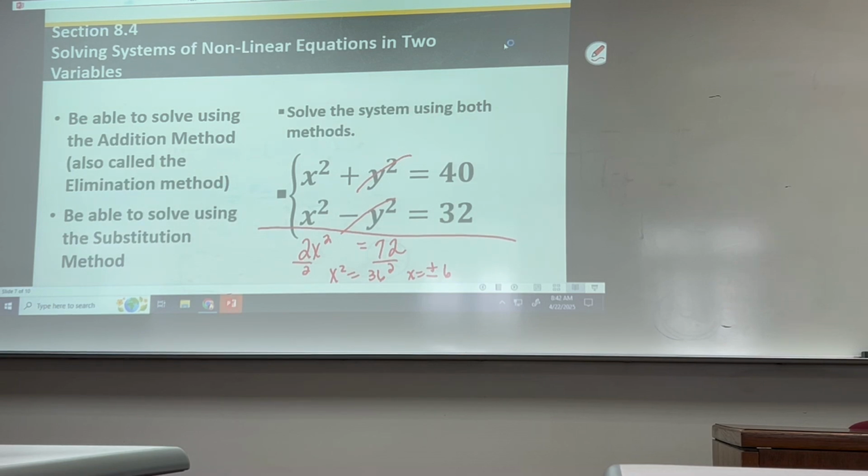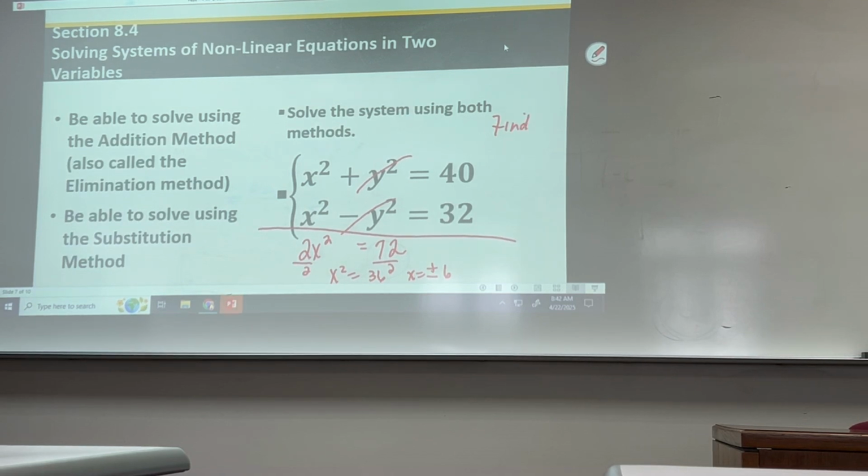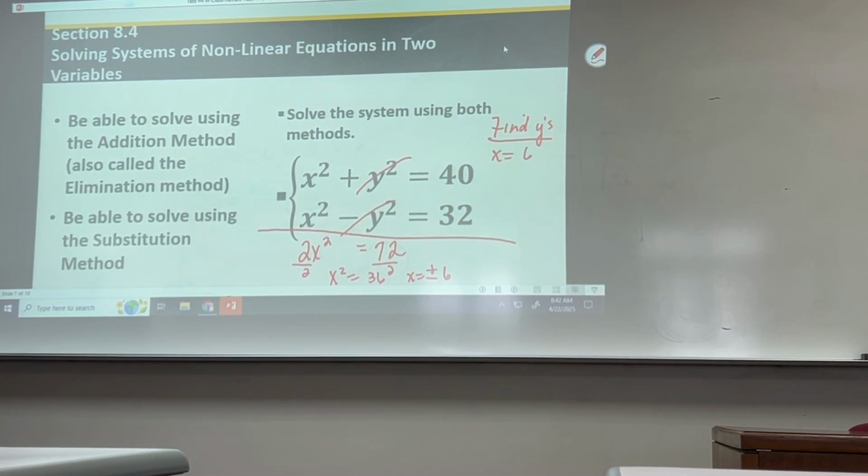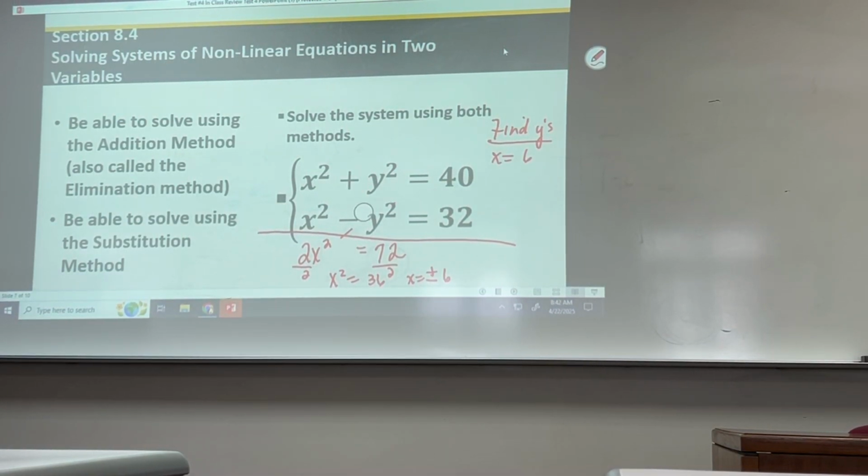Then I need to find the y's for both of those x's, don't I? When x is positive 6, which one do you want to plug into? Top one?